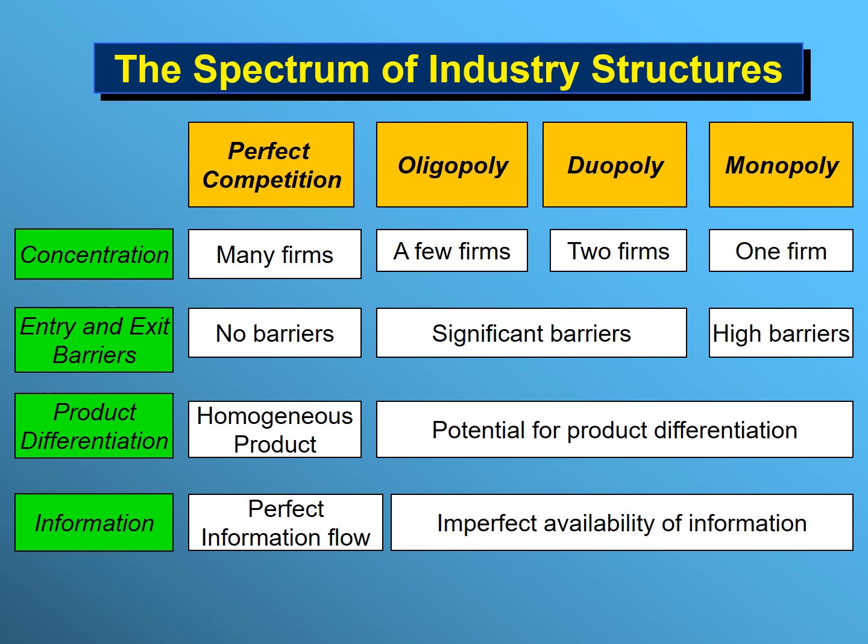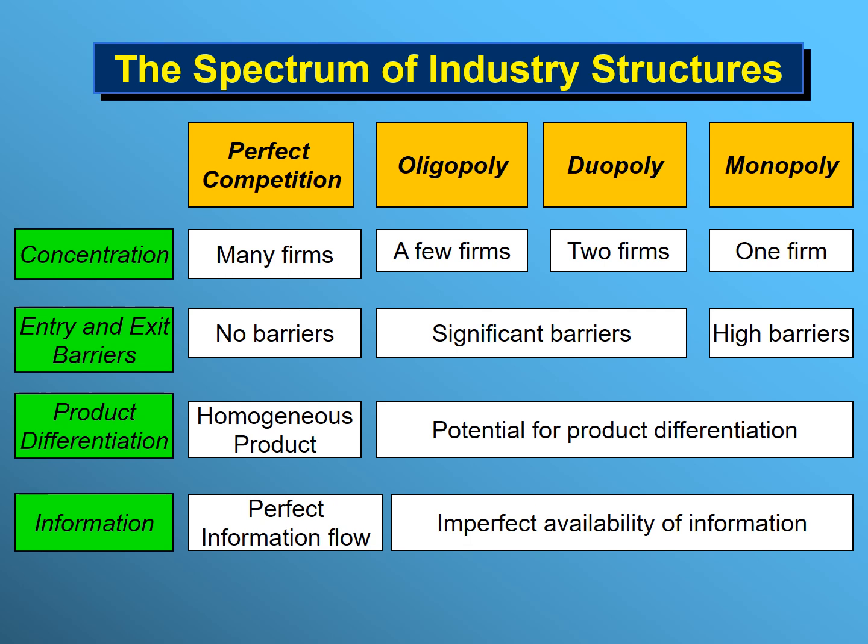In the perfect competition, the concentration of many firms is there. There are no barriers to entry and exit. Homogeneous products are offered, so there is no product differentiation. There is perfect information flow to each and every party in the industry, so perfect knowledge is there.